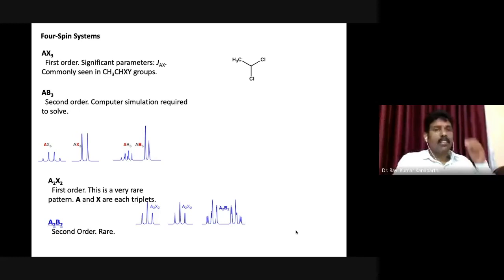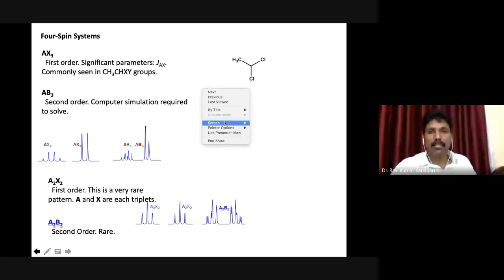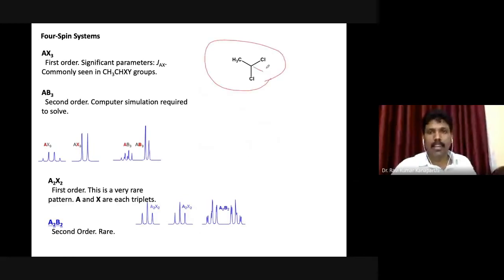And then when you go to the 4-spin systems, this is the best example, where this particular proton has three neighboring protons. Therefore, it will be a first order spectrum, and you can easily interpret the spectral features.